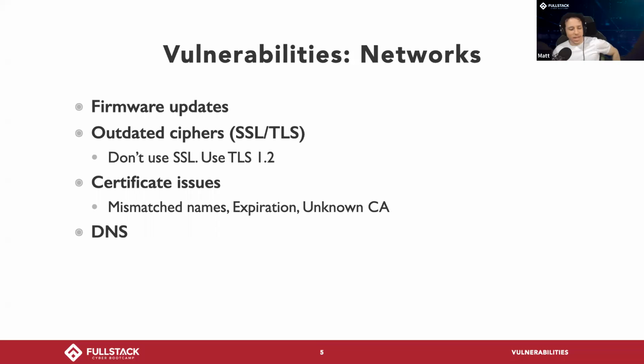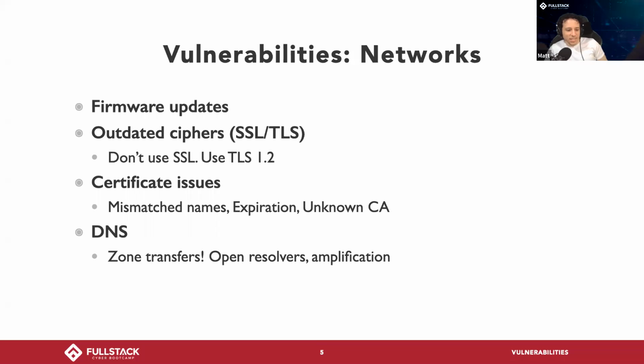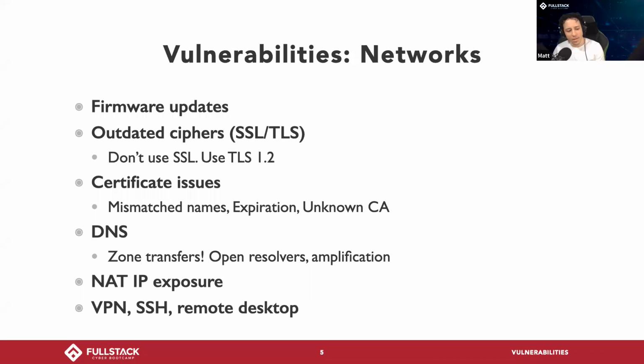The DNS ones, you guys already answered for me with zone transfers. Other common DNS vulnerabilities are amplification, right? You use DNS open resolvers and amplification attacks. NAT IP exposure. If your internal IPs are being exposed through NAT, not too sure how that would be exposed, but I guess it has happened.